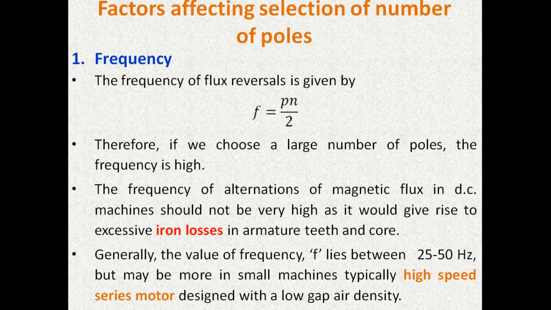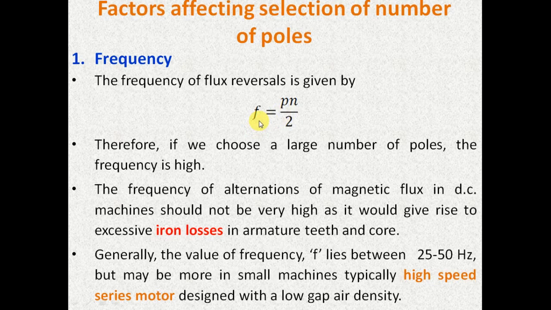The first important factor is the frequency of flux reversals. The relation for frequency of flux reversal in the case of a DC machine is given by F is equal to P into small n by 2. The small n is the speed in RPS. If a large number of poles are chosen, then definitely the frequency of flux reversal value will also be very large.